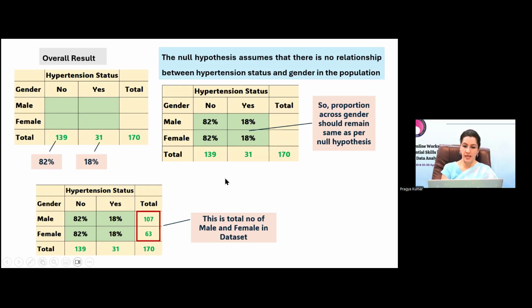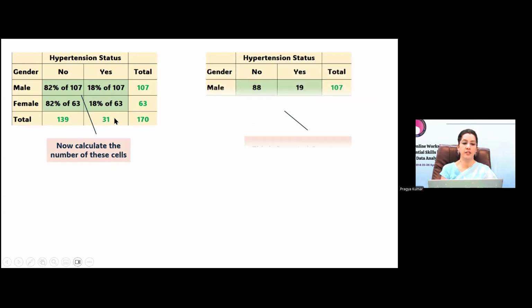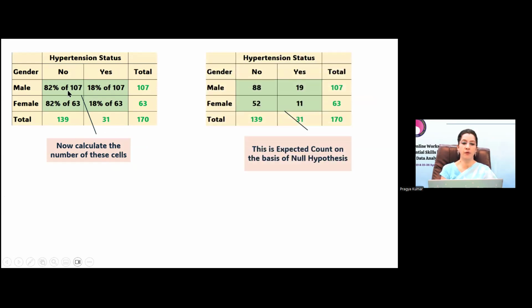The total number of males is 107 and the total number of females is 63. To calculate the expected number, we take 82% of 107, 18% of 107, 82% of 63 and 18% of 63. This is your expected count based on the null hypothesis.